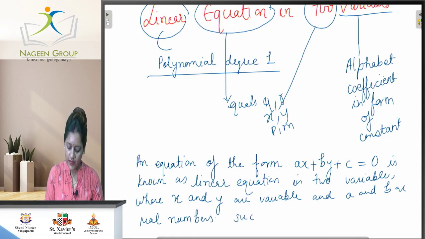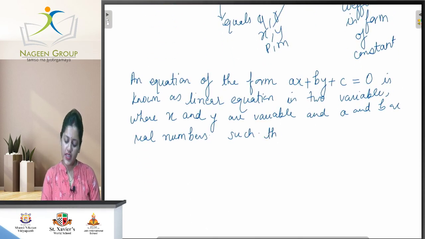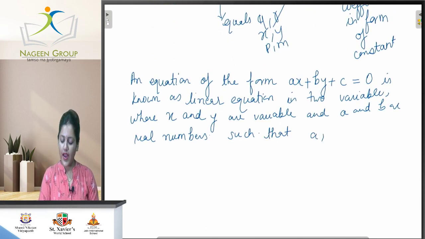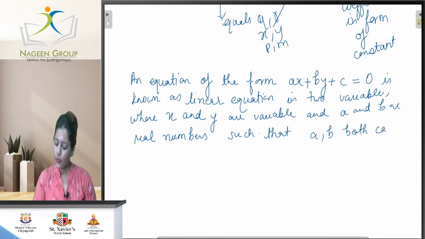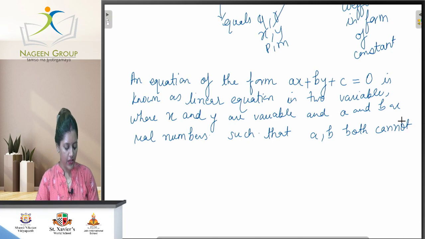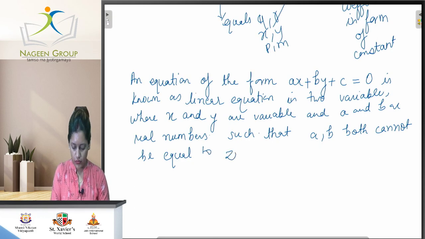such that, and this is a very important line, a and b both cannot be equal to 0.